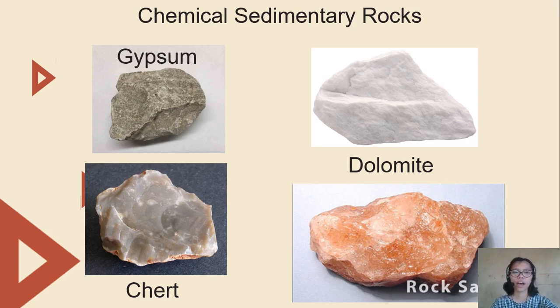Next, chemical sedimentary rocks are chemical minerals dissolved in lakes, seas, or underground water. So chemical sedimentary rocks are dominated by components that have been transported as ions in solution. There is some overlap between the two because almost all clastic sedimentary rocks contain cement formed from dissolved ions.